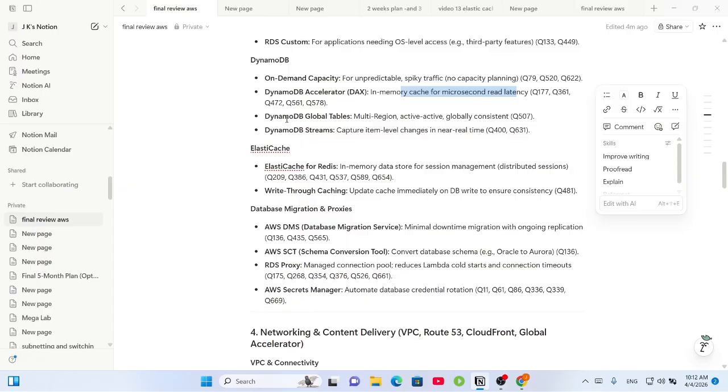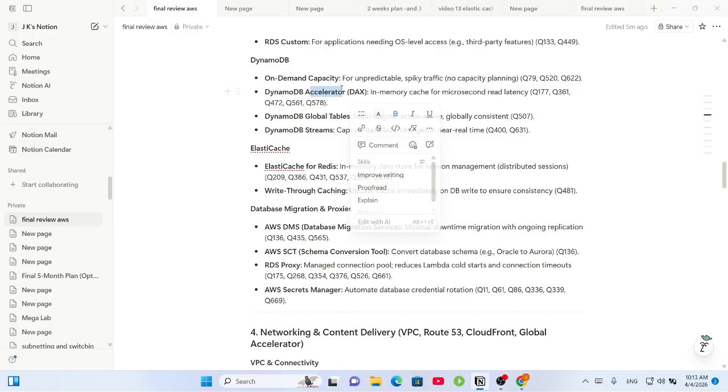And we have DynamoDB Global Tables, multi-region active-active global consistency. DynamoDB Streams captures item-level changes in real time. If you want an in-memory cache with microsecond latency that's compatible with DynamoDB, then you use this one, the accelerator. Multi-region active-active globally consistent, use Global Tables.